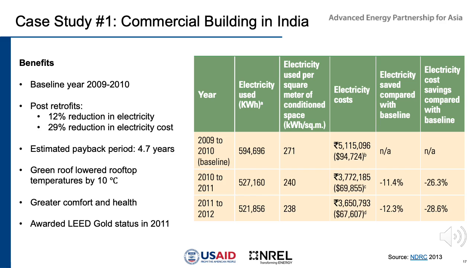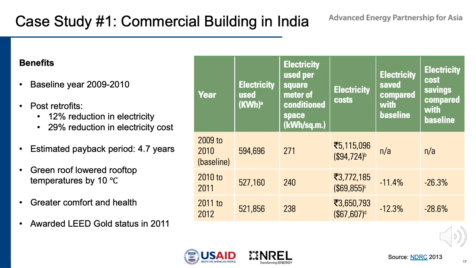But the efficiency upgrades were not without their own challenges. For example, this was an aging building, but it had ongoing operations, and the company could not afford to shut down operations and move to another location while the upgrades were being performed. So what they did was focus all of that work on the heating, ventilation, and air conditioning system at nights and on weekends.